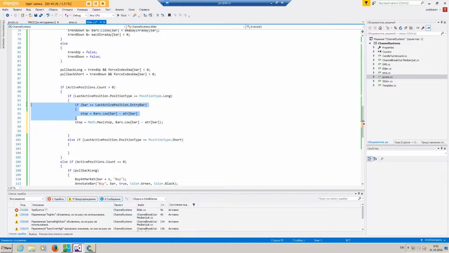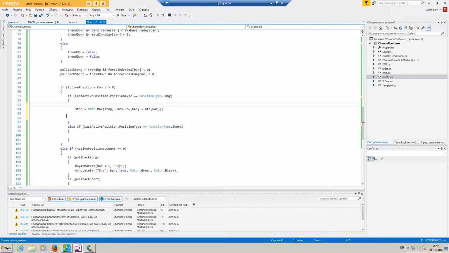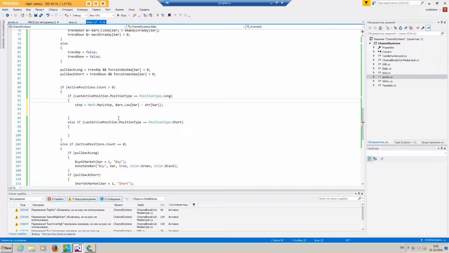Yeah, doesn't matter. So on the first bar it's just going to compare it to 0, right? And then it's going to be comparing. Okay, so that's for the long, and that's for the short.